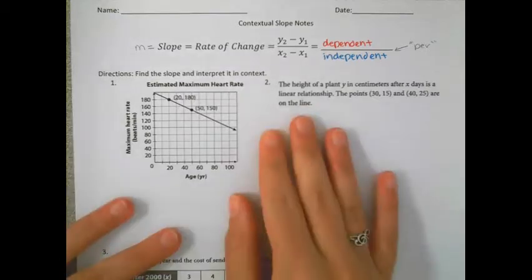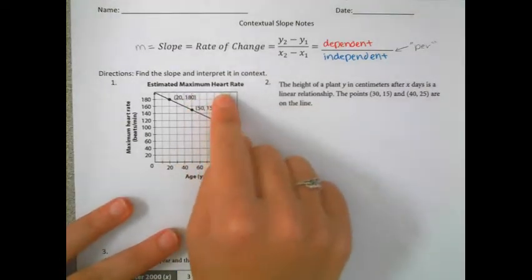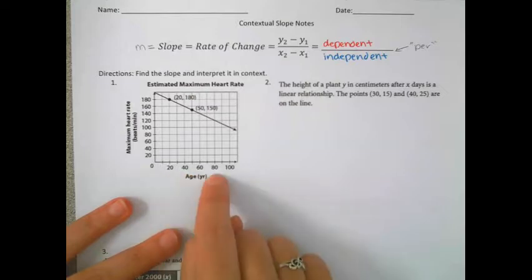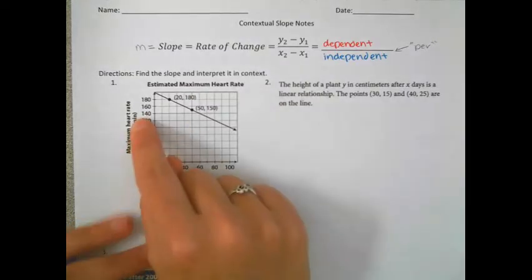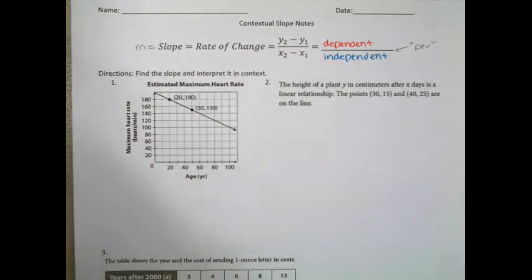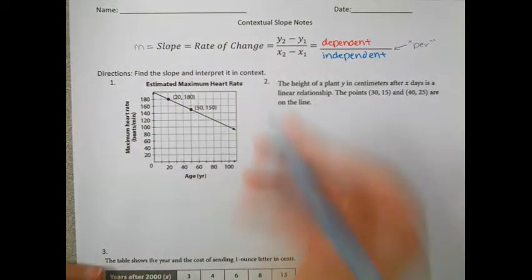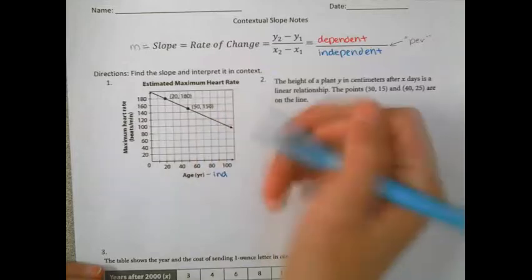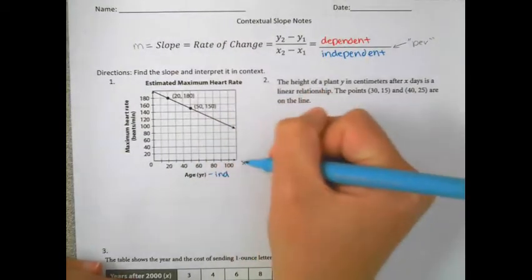So we have the graph here talking about the estimated maximum heart rate of a person based off their age, in years, and then their maximum heart rate. It's worth noting that this is going to be your independent variable. It's on your x-axis.